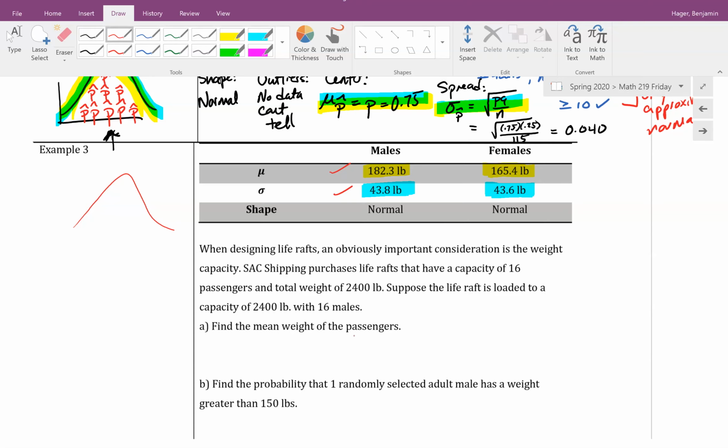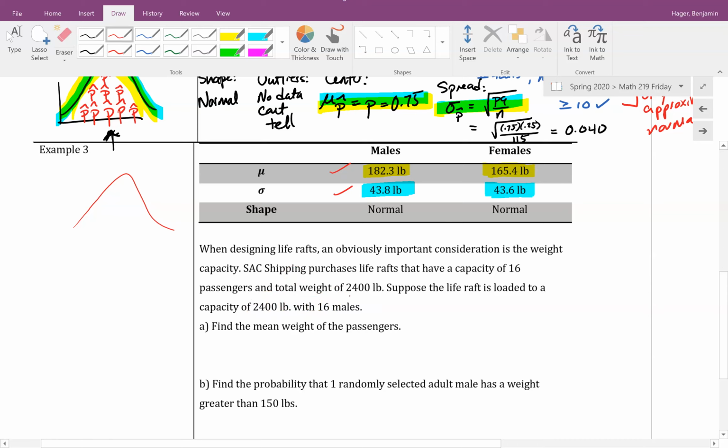Again, first of all, let's get our heads around the idea. We're talking about life rafts that can hold 16 people and up to 2,400 pounds, and obviously we want to make sure we're not likely to exceed that. So suppose we have a fully loaded boat with exactly 16 males, and they added up to exactly 2,400 pounds.